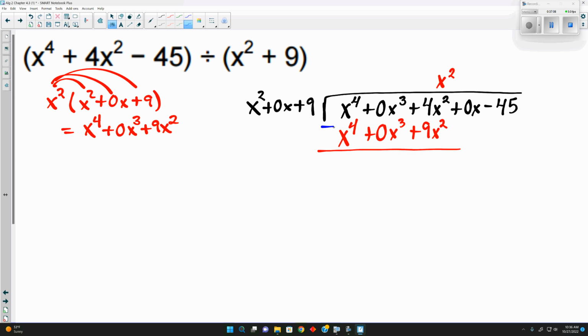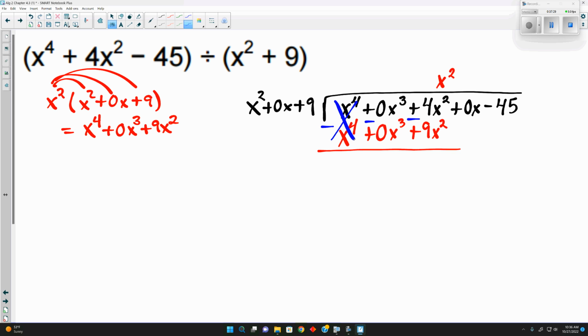And then again, we're going to subtract. X to the fourth minus x to the fourth is 0. 0x to the third minus 0x to the third, well, it's just 0, isn't it?